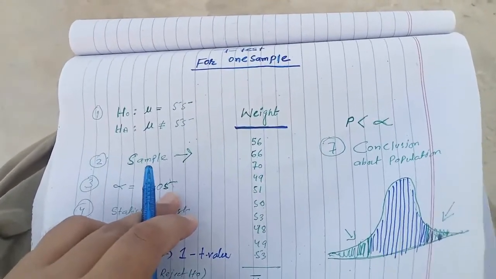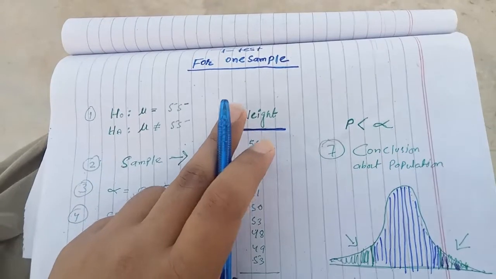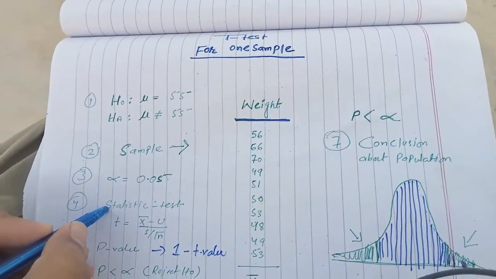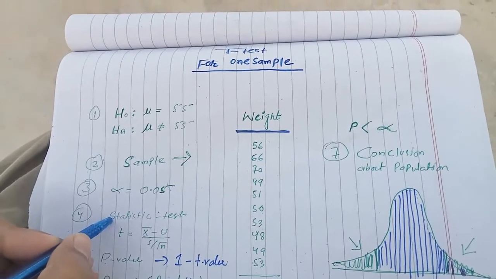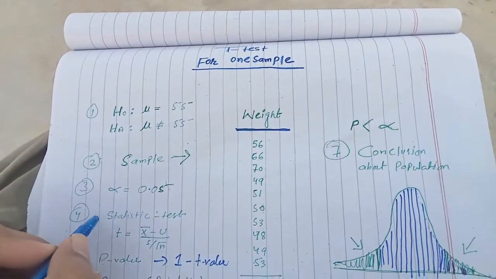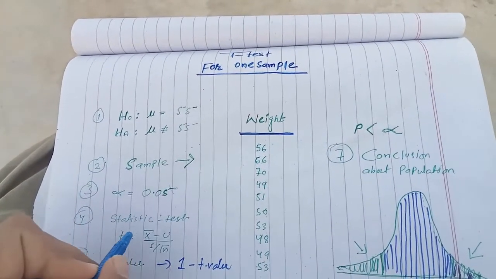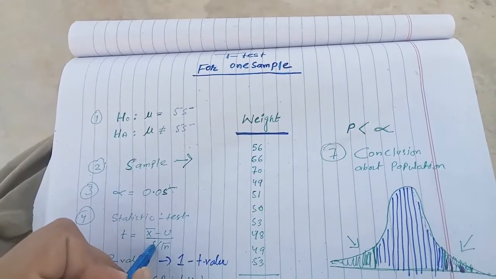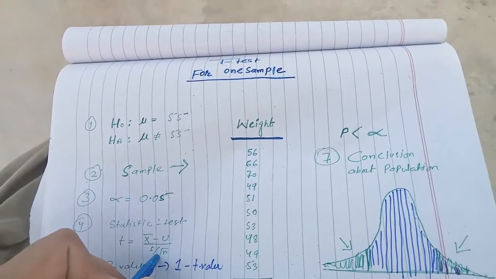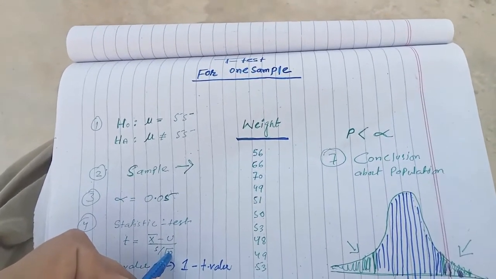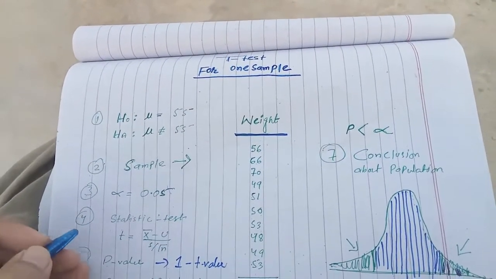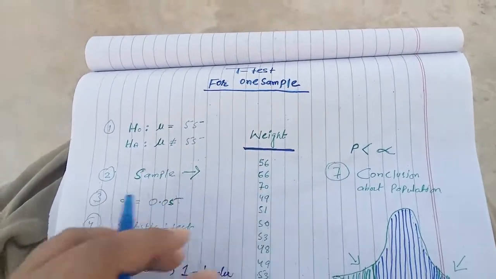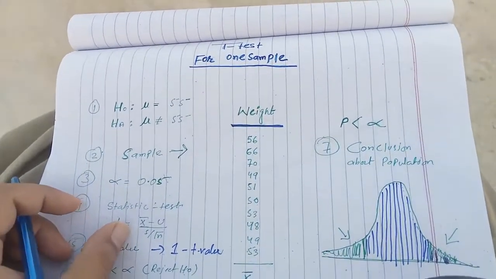After setting the threshold, based on this sample, we calculate the test statistic with this formula, which is x bar minus mu divided by the sample standard deviation over the square root of n, where n is the number of observations.